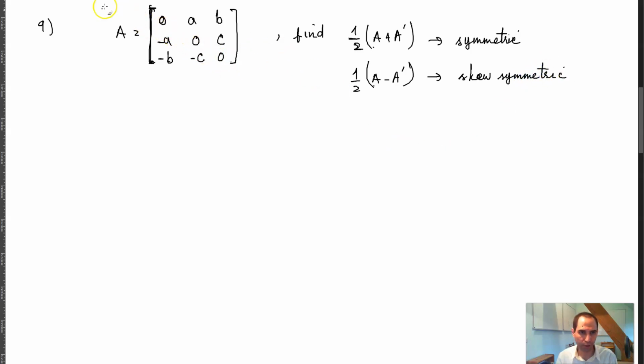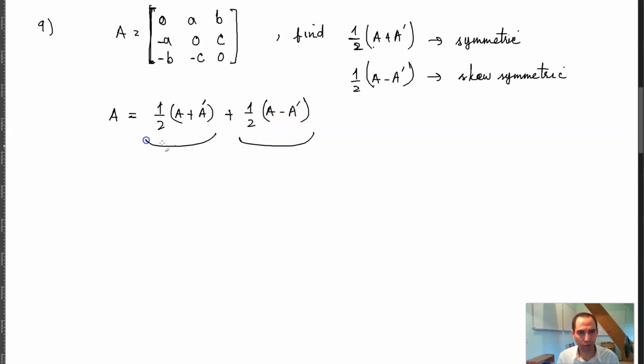And we showed that basically any square matrix A can be written as a sum of a symmetric and a skew symmetric matrix, and I can particularly write here A as 1/2 of A plus A prime plus 1/2 of A minus A prime. And then this would be the skew symmetric matrix, this would be the symmetric matrix. And that's the theorem that we talked about. Now this is just about calculation, right? Of course.